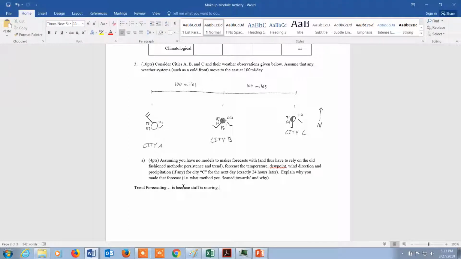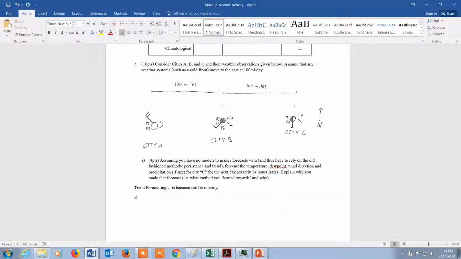So here's how we would do it. Whatever City C's weather is, those conditions are going to keep moving east. So they're gone. In order to replace City C's weather conditions, whatever's 100 miles to the west is going to be moving in. So basically, all that's happening here is that City B's weather is now City C's weather.